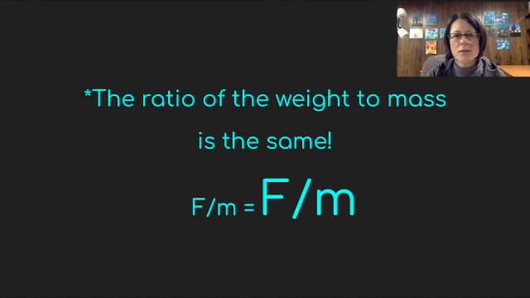It was just a few seconds faster. They were hypothesizing that if something is 10 times larger, it will fall 10 times faster. And that is not what happened. So he was able to disprove the previous thoughts, but he didn't know why. We do know why now.